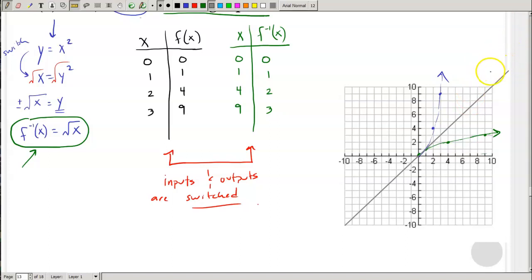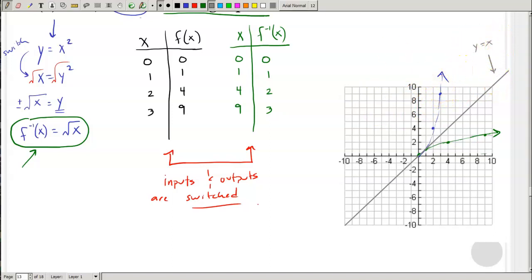This line is y equals x. And you're always going to have this relationship between functions and their inverses: mirror images across the y equals x line.